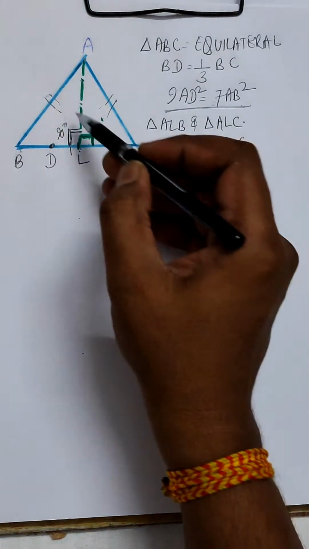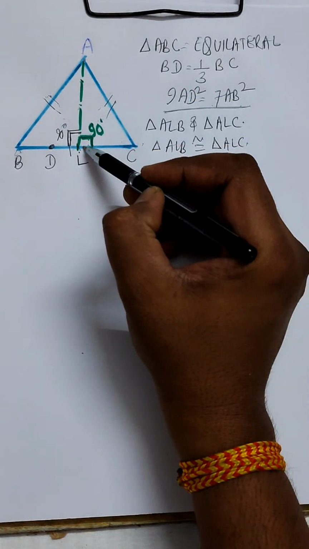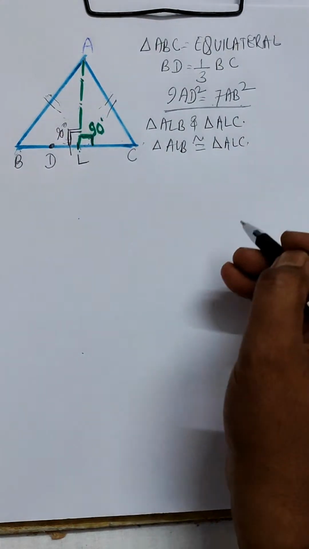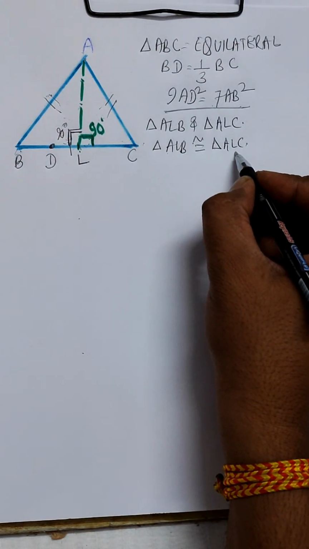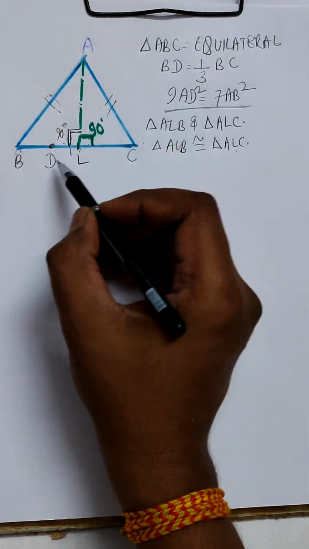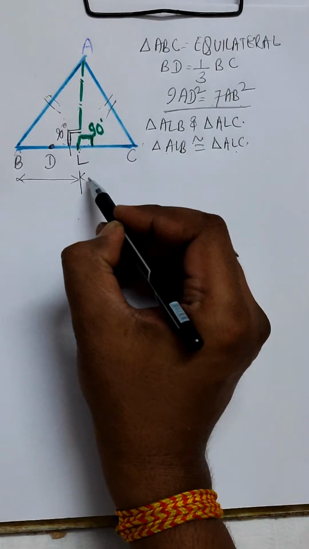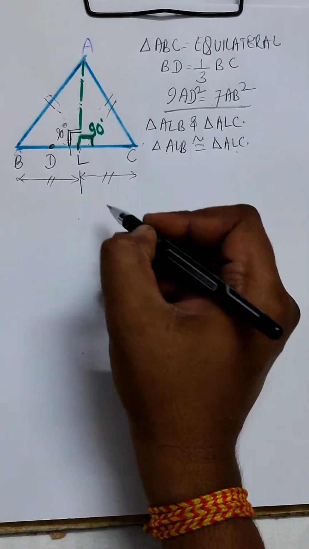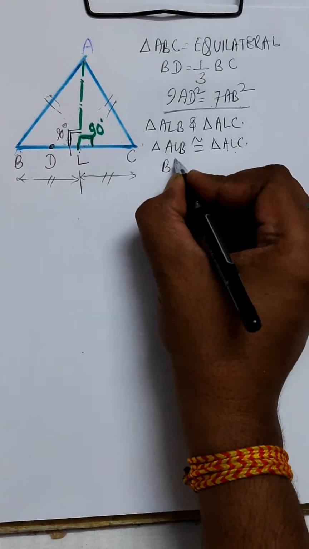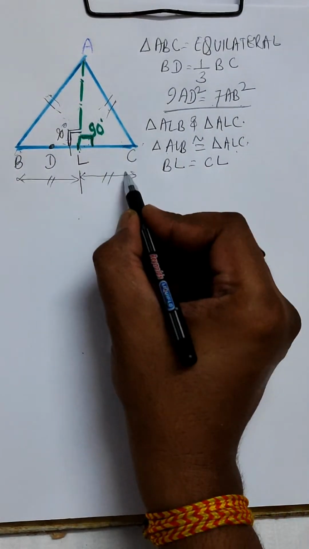Since these are congruent, BL is equal to CL. Therefore, BL equal to CL. So this part is defined.